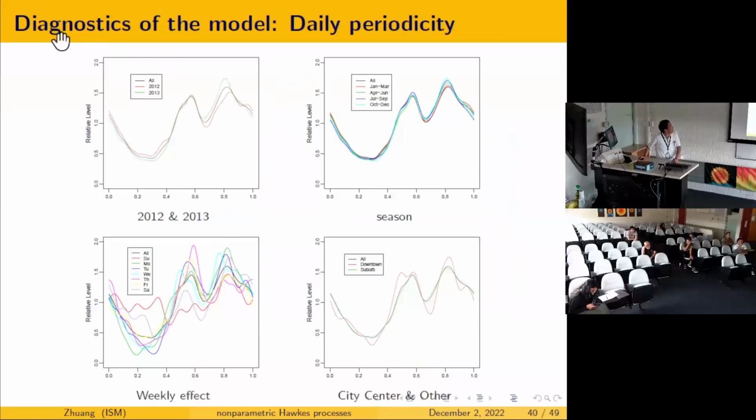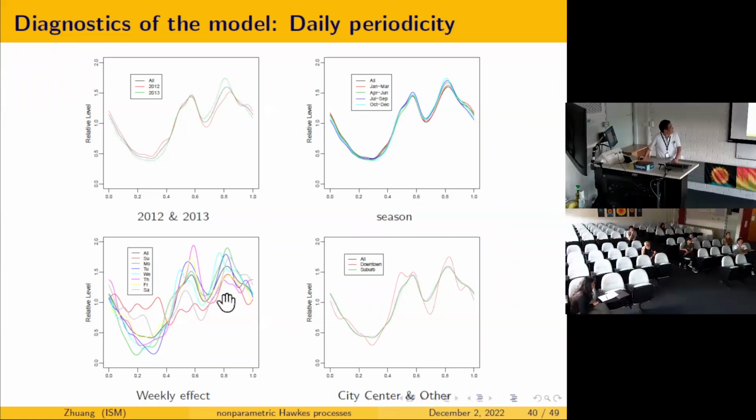We also calculate the daily effect for each year, different years. They are almost the same. For the different seasons, almost the same. But for different weekdays, there is quite a big difference. Especially for Sunday, it looks quite flat, though it still has the evening effect.